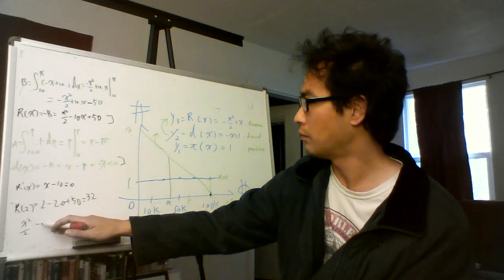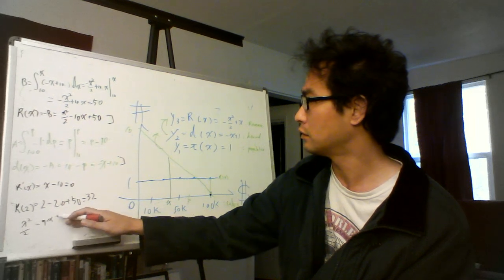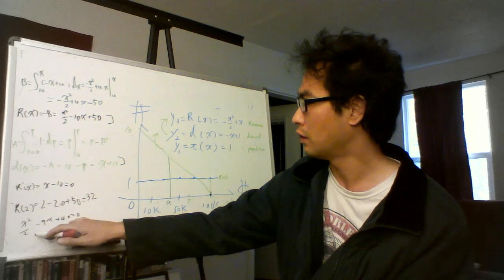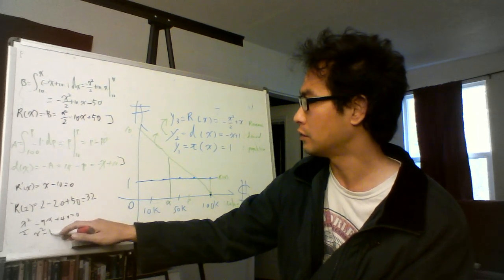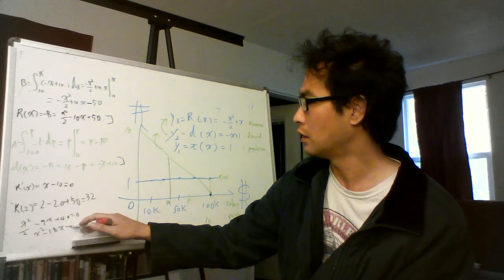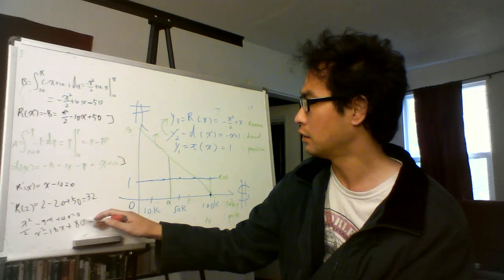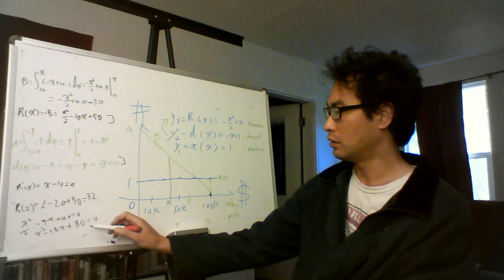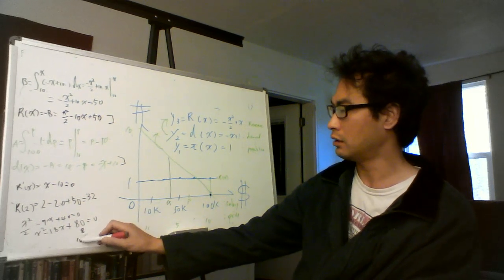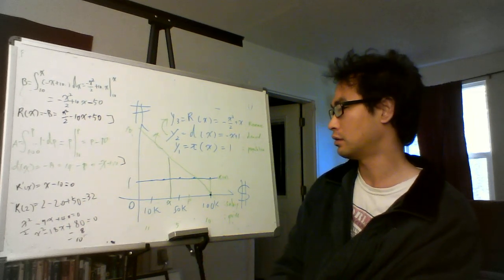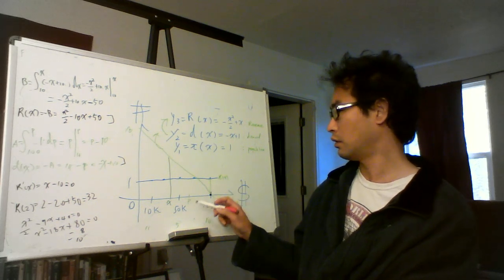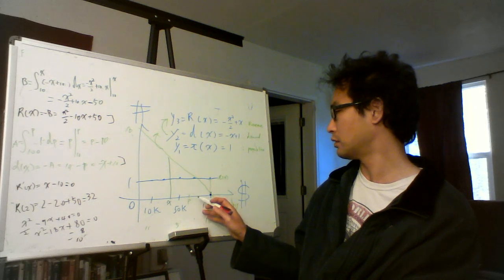So minus 9x plus 40 equals 0. So x squared minus 18x plus 80 is equal to 0. Yeah, 8, 10, right? Okay, so 8. That's the intersection.